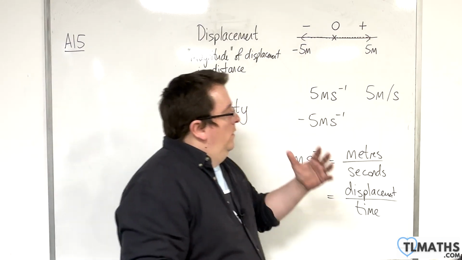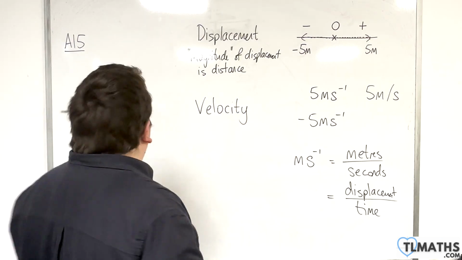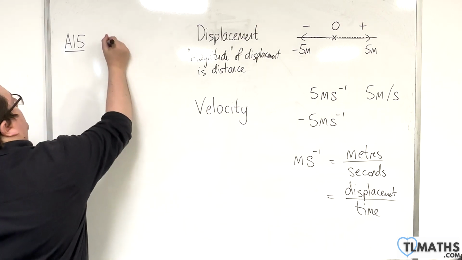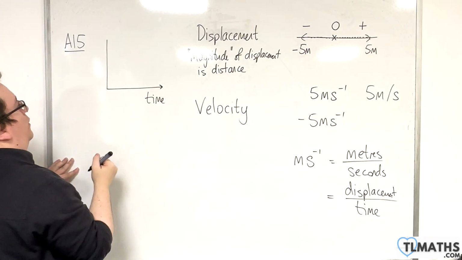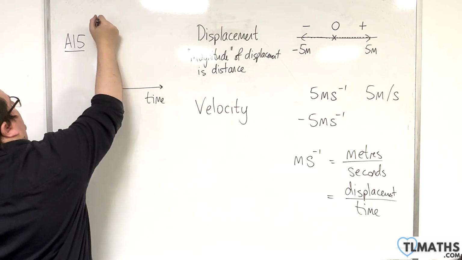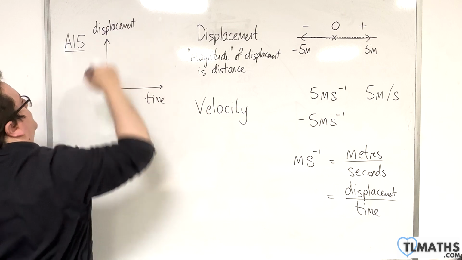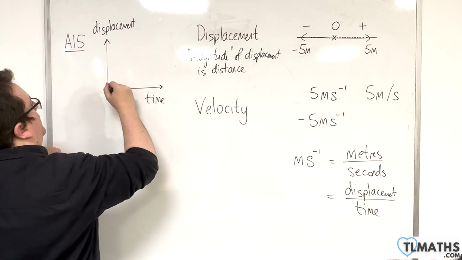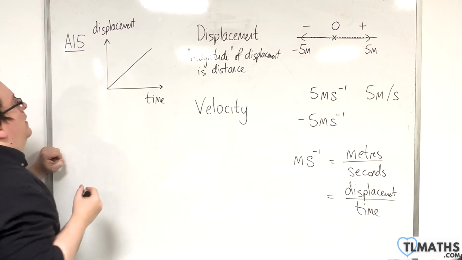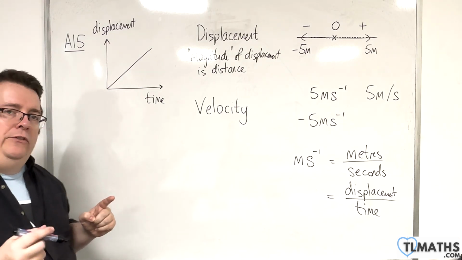Now, when we get on to displacement-time graphs, what we're going to be looking at is time in the horizontal direction and displacement as the vertical. So if you had a line, this is talking about the displacement at certain amounts of time.